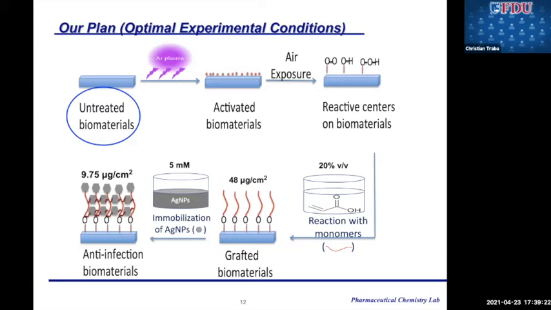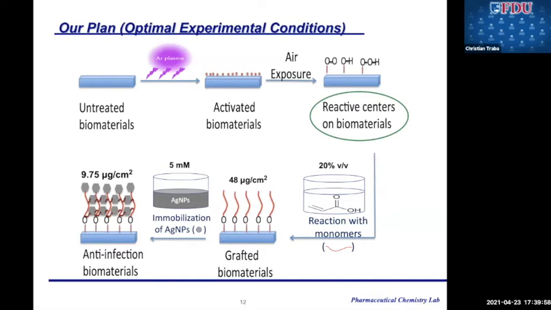Plasma exposure is for 3 minutes and at a discharge power of 80 watts. These experimental conditions ensure uniform exposure to the biomaterial, and this activates our biomaterials. The activated biomaterials are then exposed to air for 75 minutes to generate our reactive centers. These reactive centers include hydroperoxide, hydroxyl, and peroxide groups.